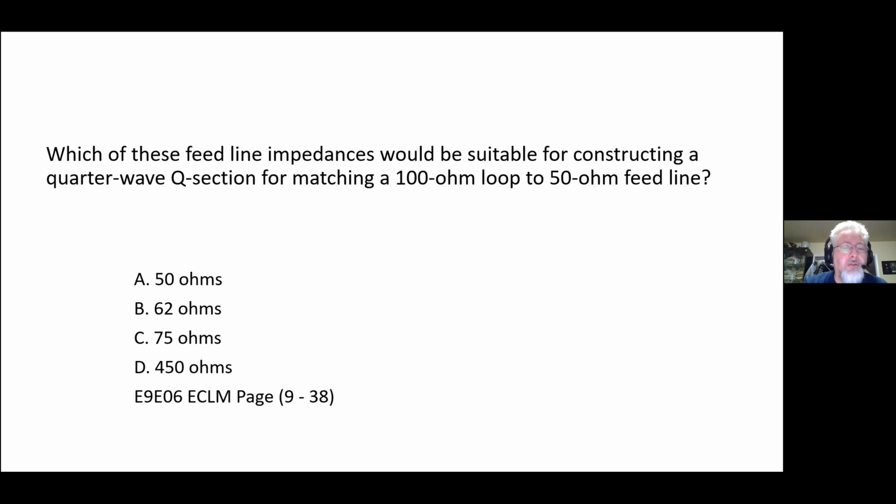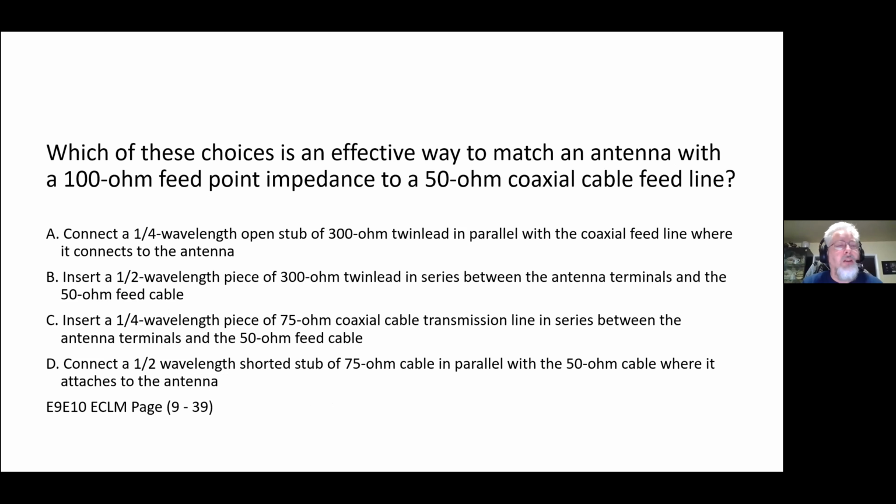A, 50 ohms. B, 62 ohms. C, 75 ohms. Or D, 450 ohms. Charlie. 75 ohms. Correct.